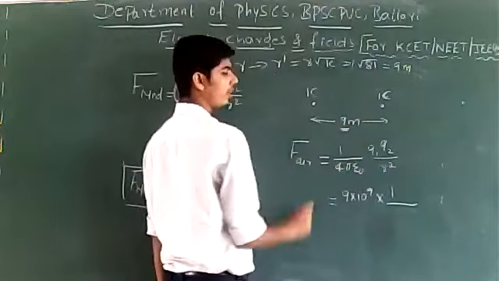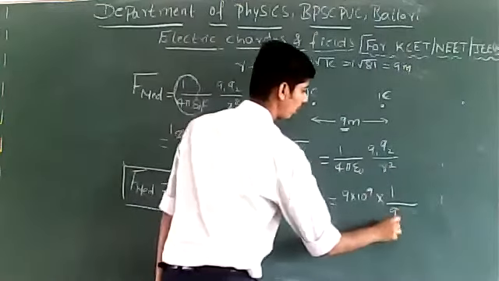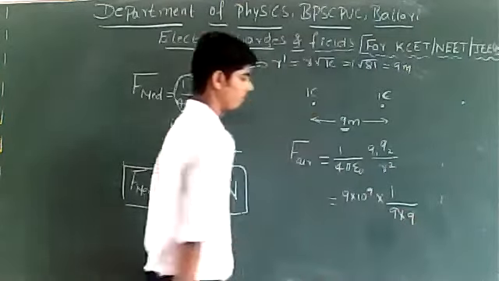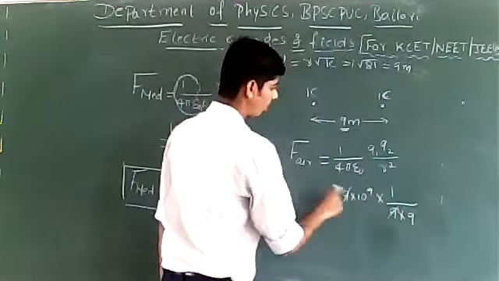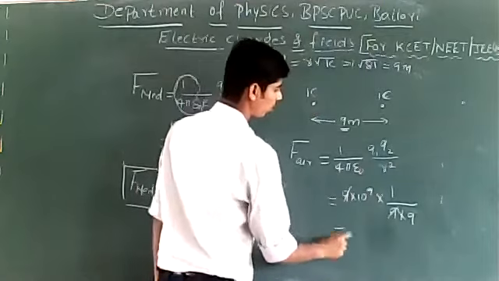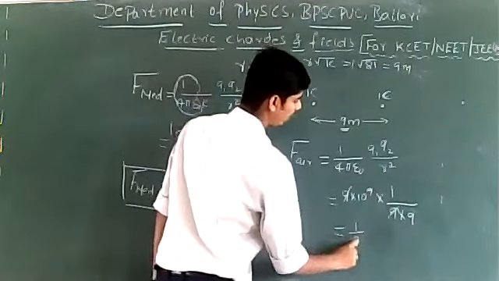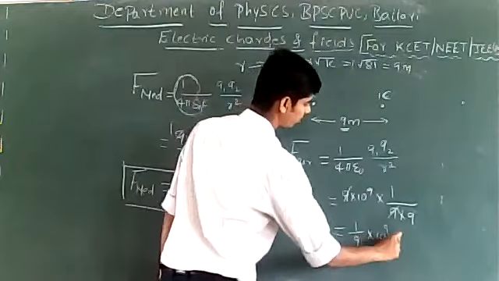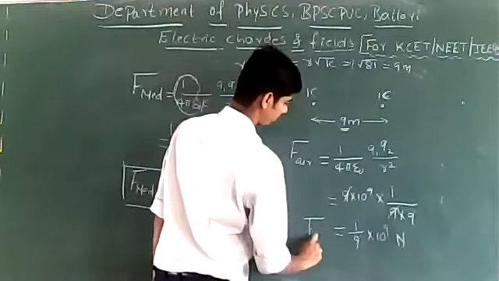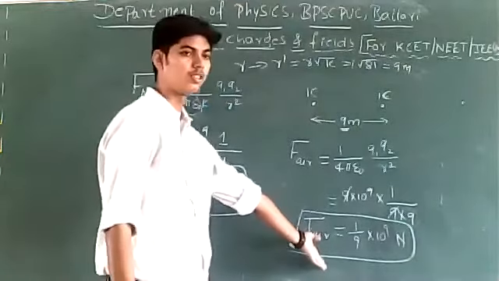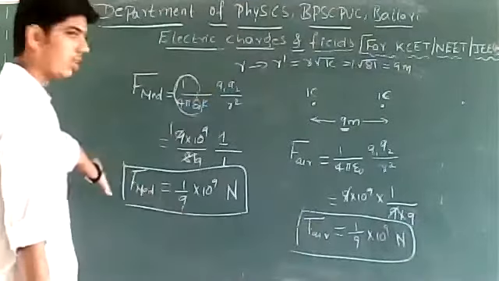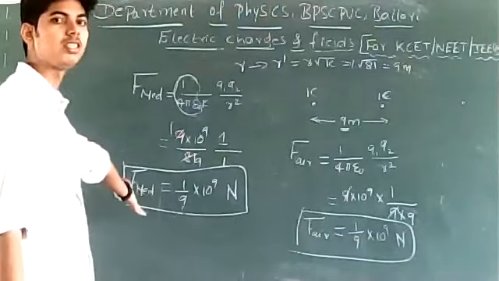See, r is 9. 9 square I can write as 9 into 9. One 9 and one 9 get cancelled out. So you are again left with 1 by 9 into 10 to the power of 9. See, the force between 2 point charges in air is the same as the force between 2 point charges in medium.